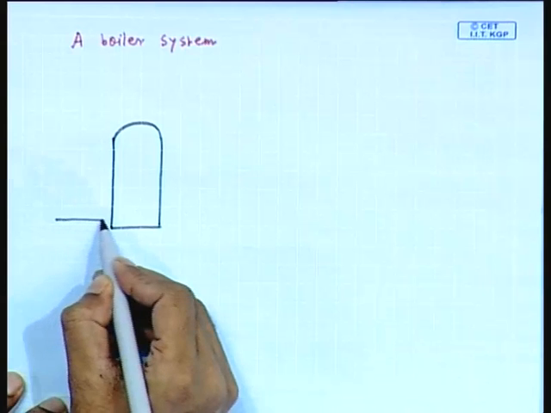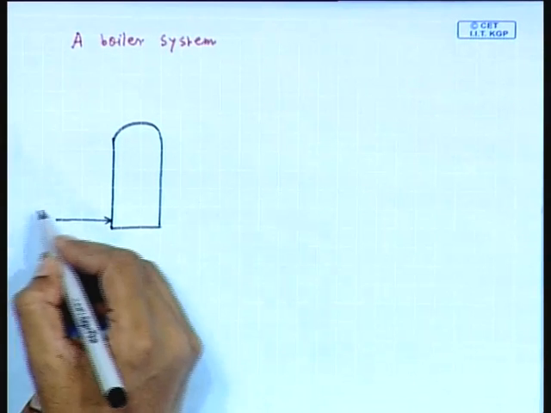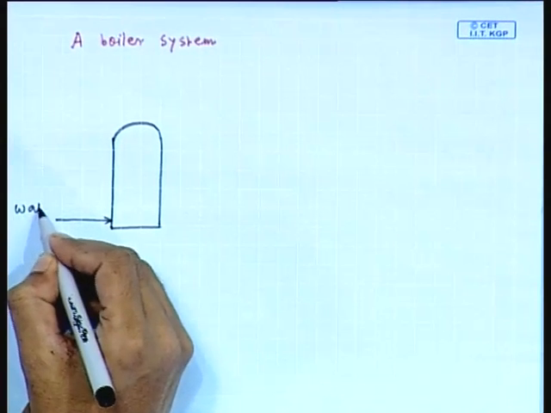Water enters at the bottom, feed is water and product is the steam. This is a steam boiler. Water is introduced here.